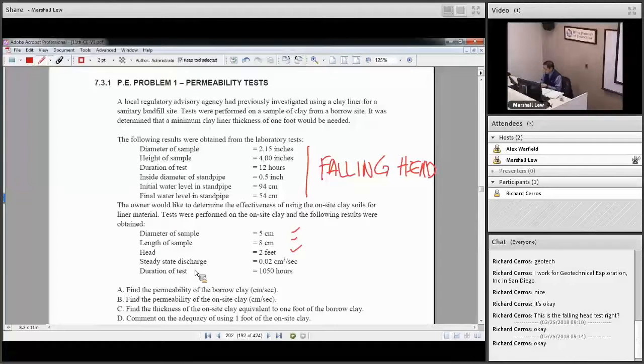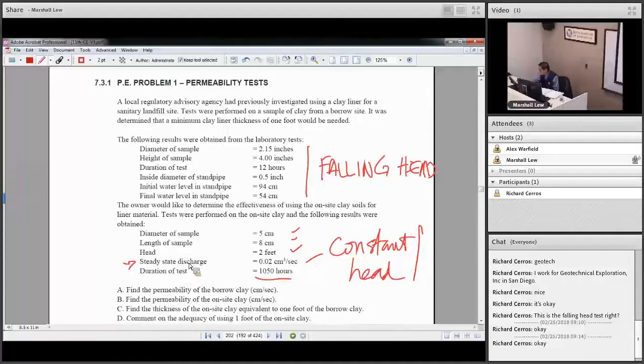Okay, here's a PE problem that illustrates the falling head. This problem states that a local regulatory agency previously investigated using a clay liner for a sanitary landfill site, and then they give you two test results. They test a sample of clay from a borrow site, and it's determined that a minimum clay liner thickness of 1 foot would be needed.